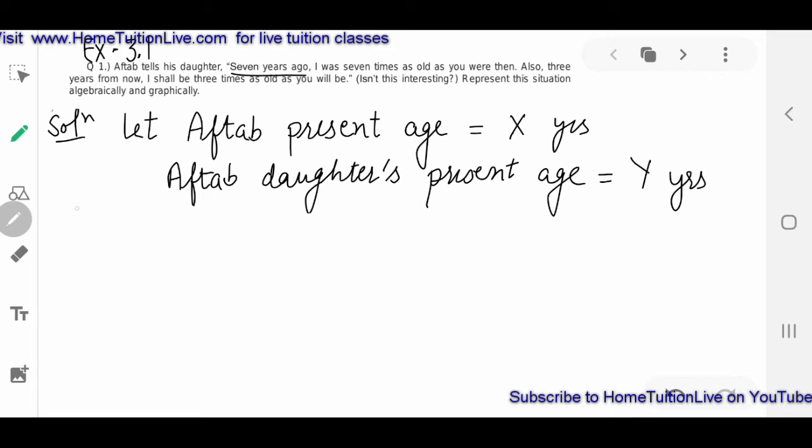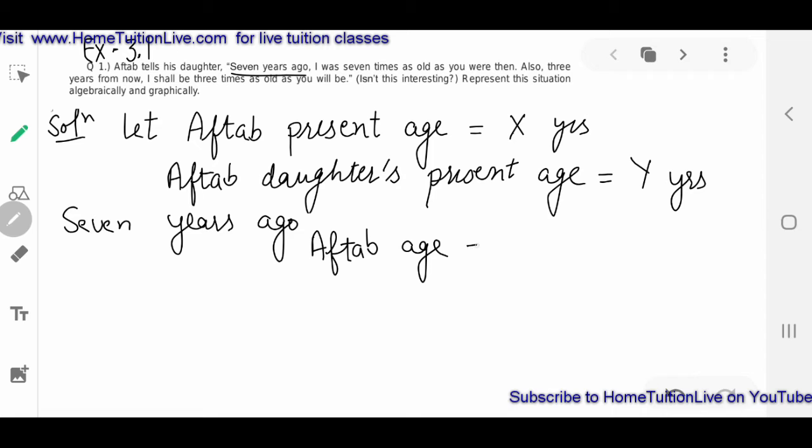And 7 years ago, according to the question, we have to find 7 years ago Aftab's age: x minus 7, and daughter's age: y minus 7.